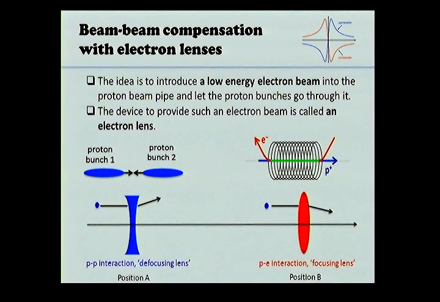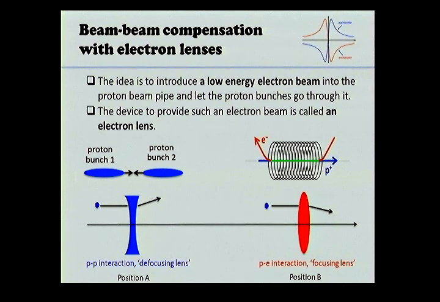The device to provide such an electron beam is called an electron lens. A low-energy electron beam is chosen to reduce the cost of providing the electron beam.